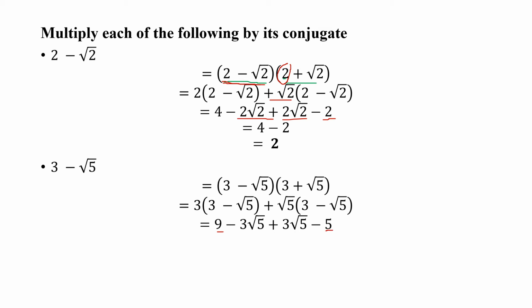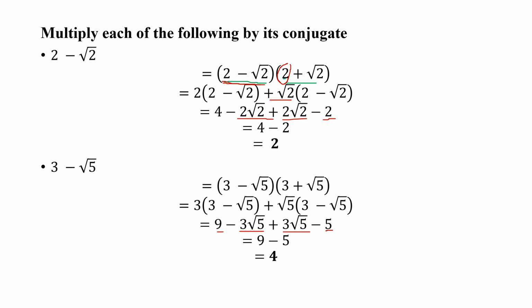Right? As we can see here, minus 3 root 5 plus 3 root 5 gives us 0. So we remain with 9 minus 5, and 9 minus 5 simplifies to 4. This is our answer.